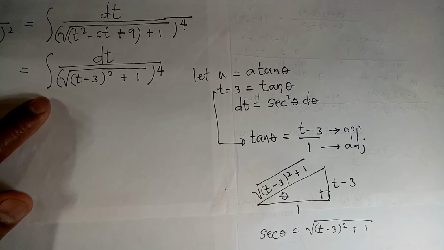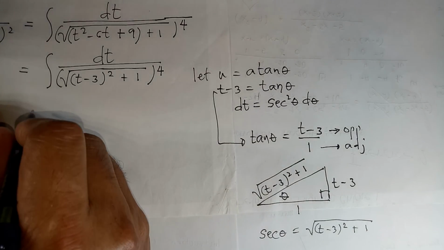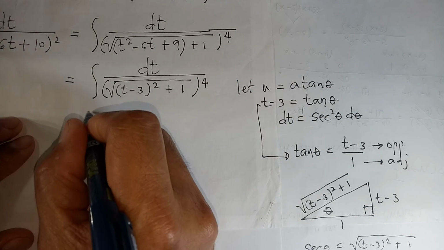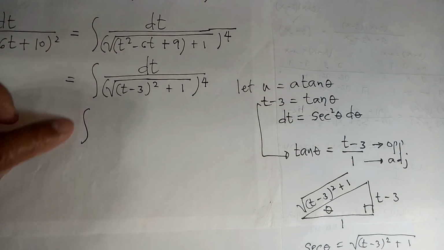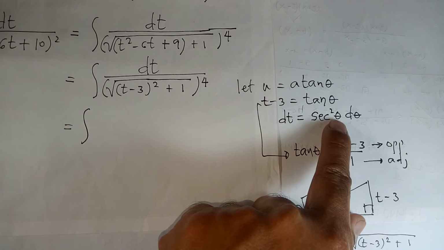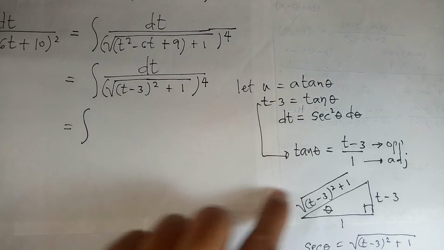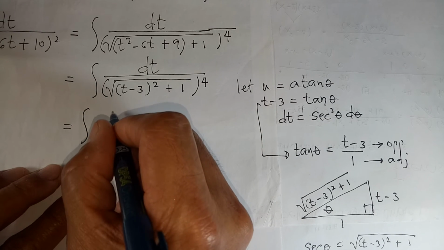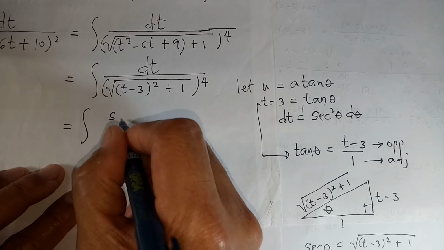Okay, so, kaya nun, magsasubstitution na tayo. So, balik tayo dito sa ating problem. So, we have integral sign, ito siya. As yung dt, so, equal siya sa secant squared theta d theta. So, papalitan natin yon ng secant squared theta d theta.